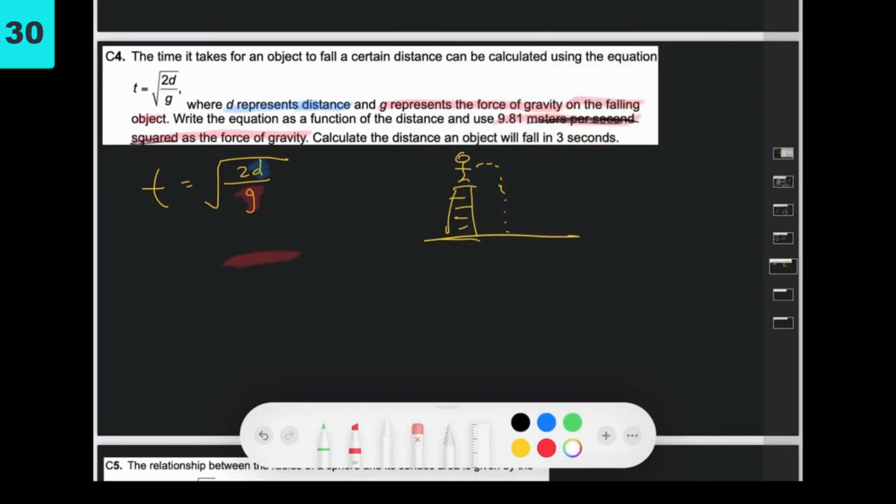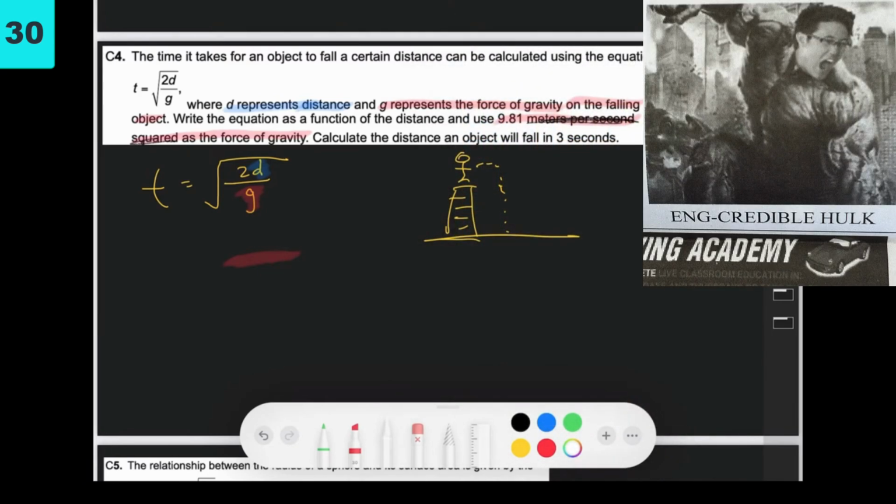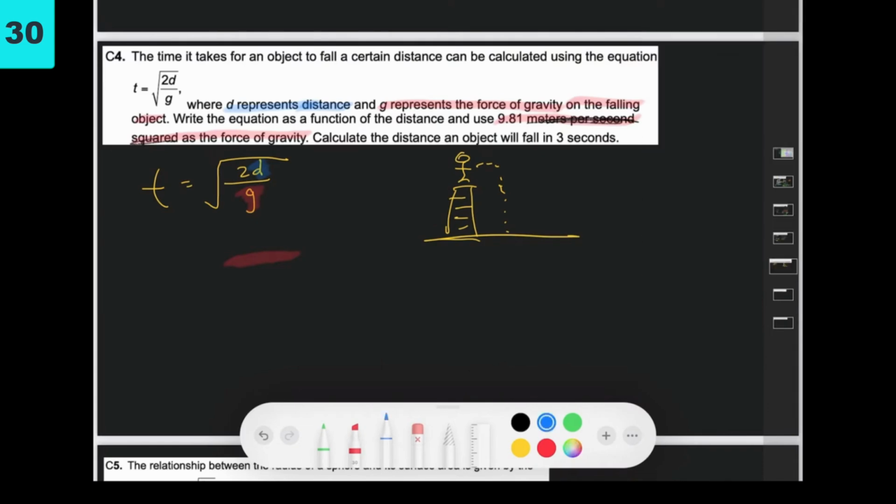Okay, so it says calculate the distance. Now we gotta look at this. Calculate the distance. So they want to know what d is equal to when an object will fall 3 seconds.